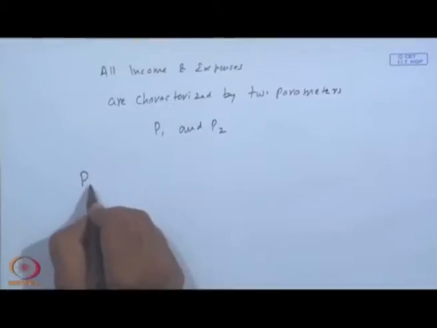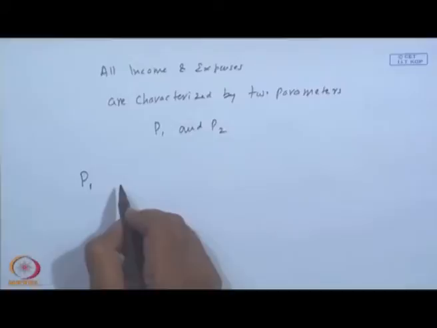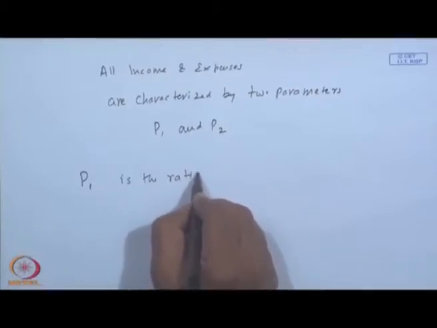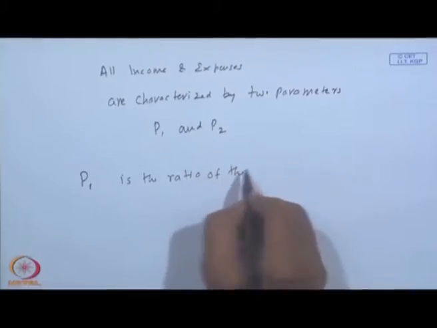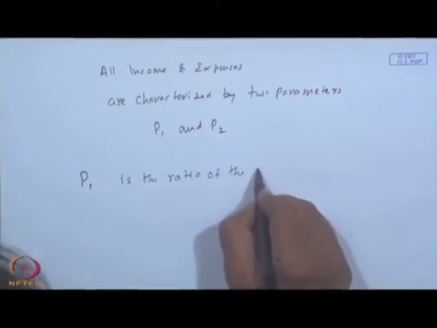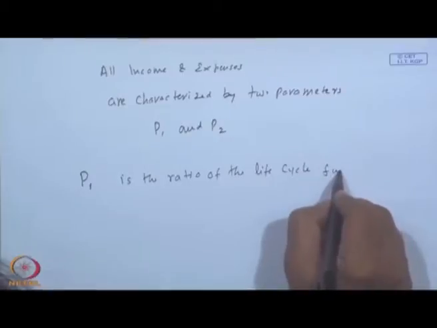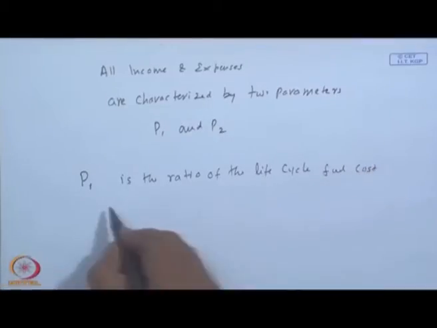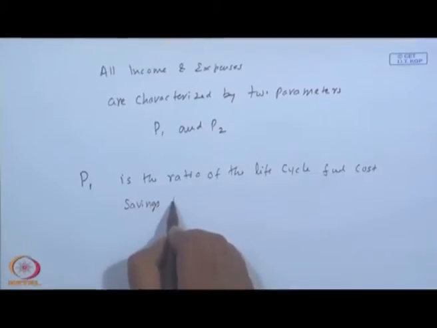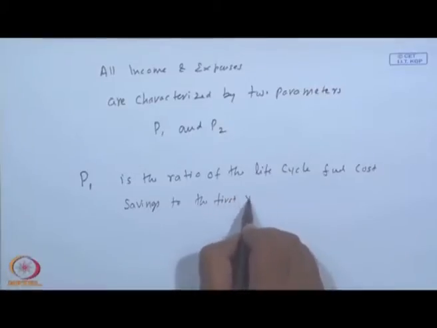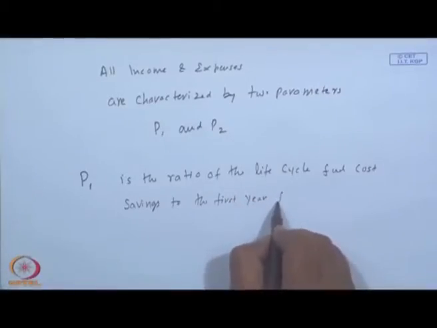So, P 1, if you want to have an idea before we try to calculate it, is the ratio of the life cycle fuel cost savings to the first year fuel cost savings.